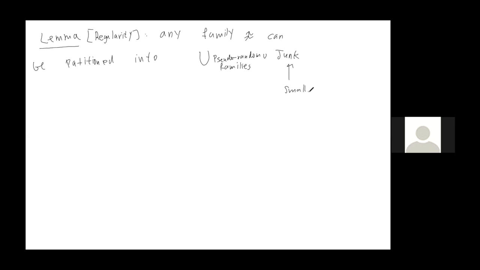And this union is finite. Let me say it more formally now. Not only is it finite, it is over only constantly many families.